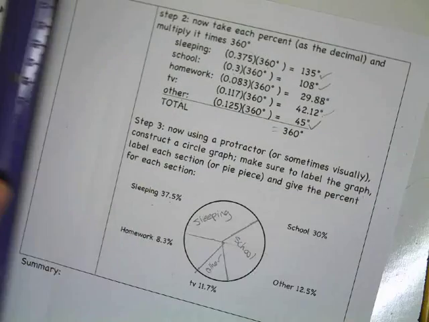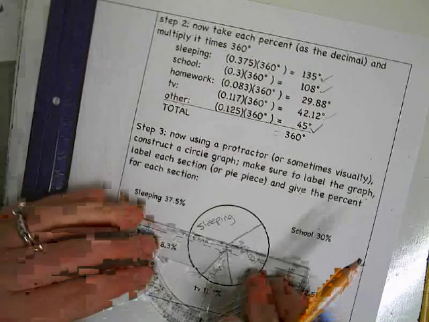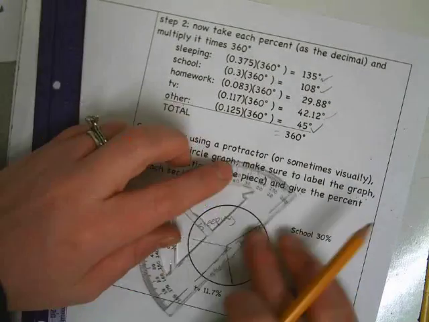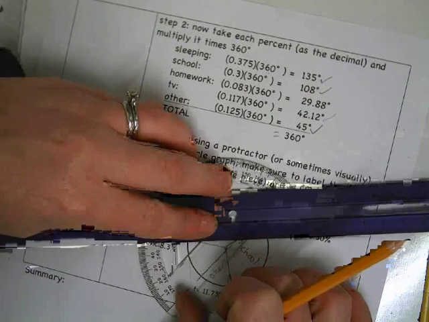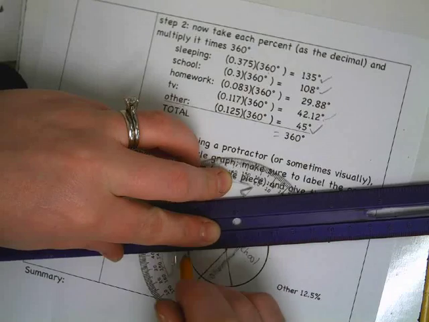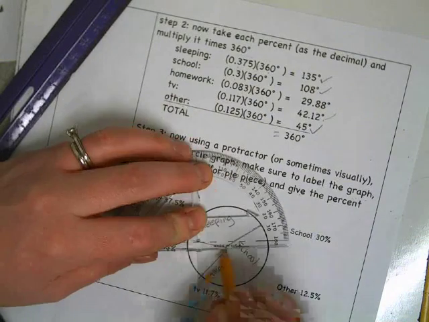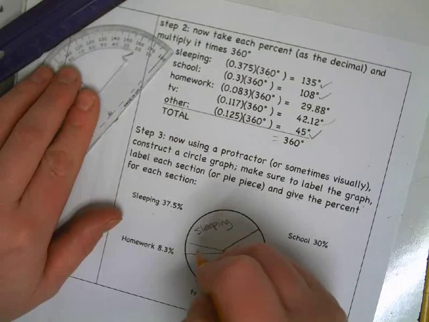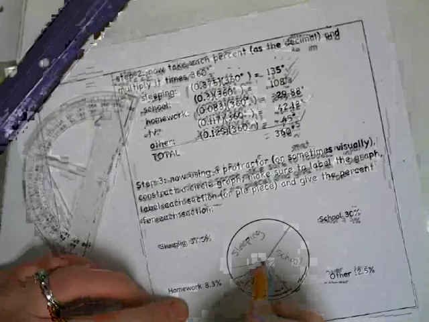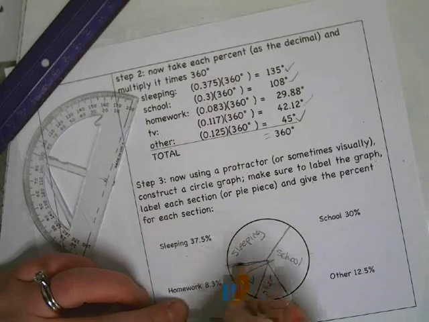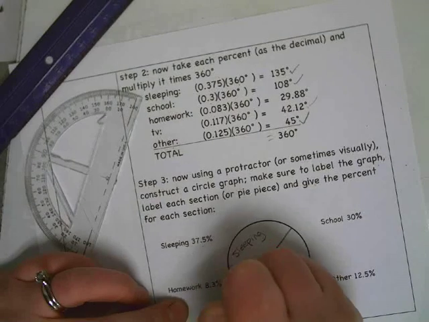TV is 42 degrees. And this little sliver that's left is homework.